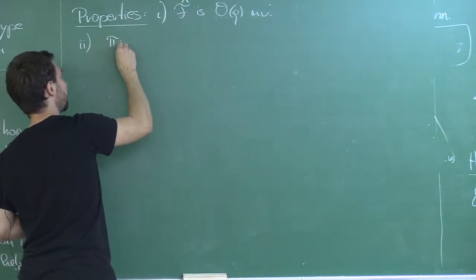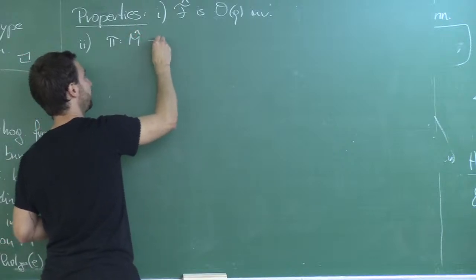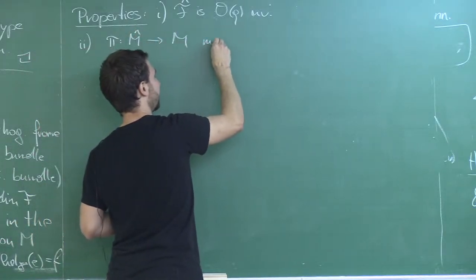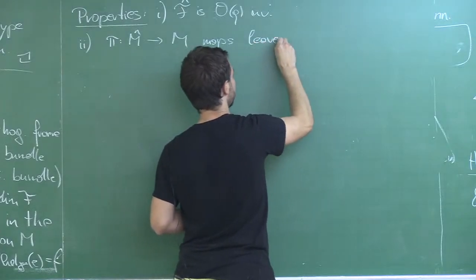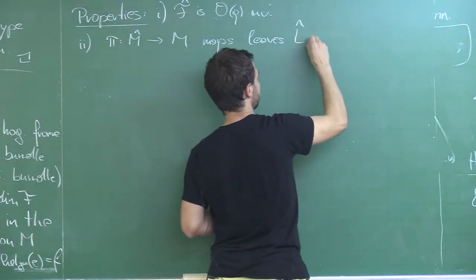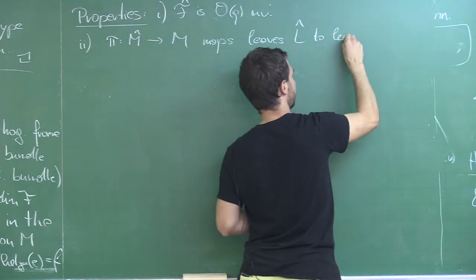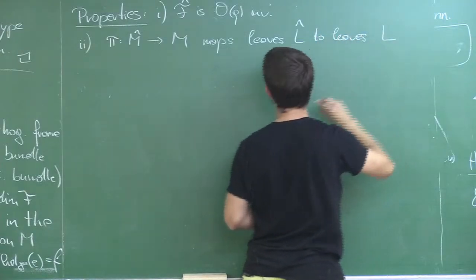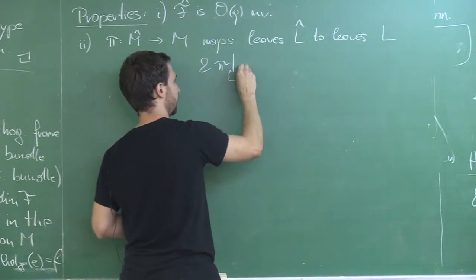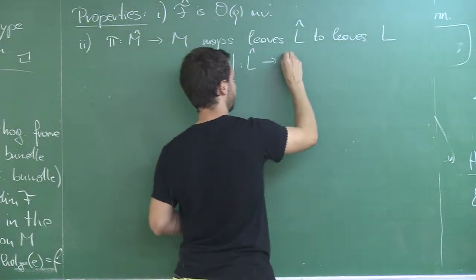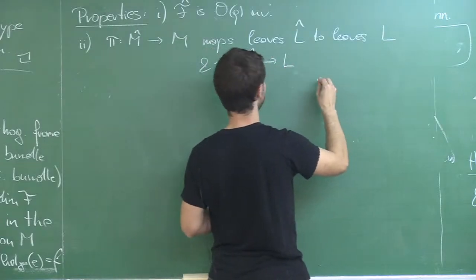The projection from M hat to M maps leaves to leaves. And as I just said, if we restrict it to one such leaf, then this is just the holonomy cover.